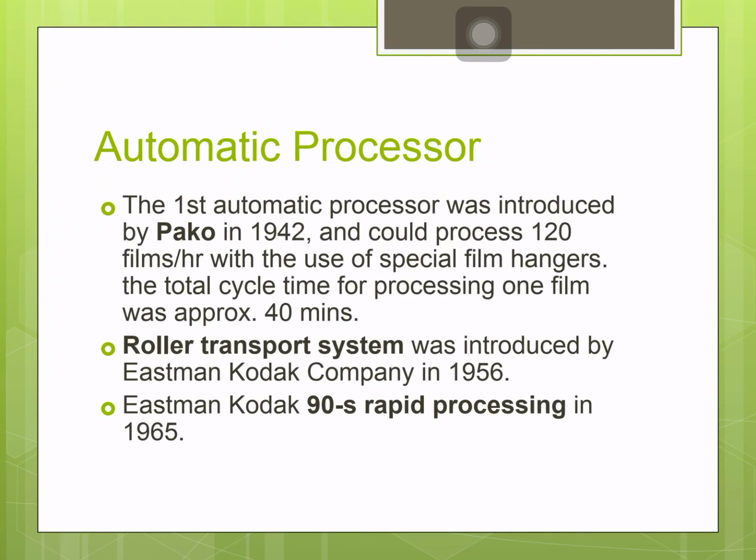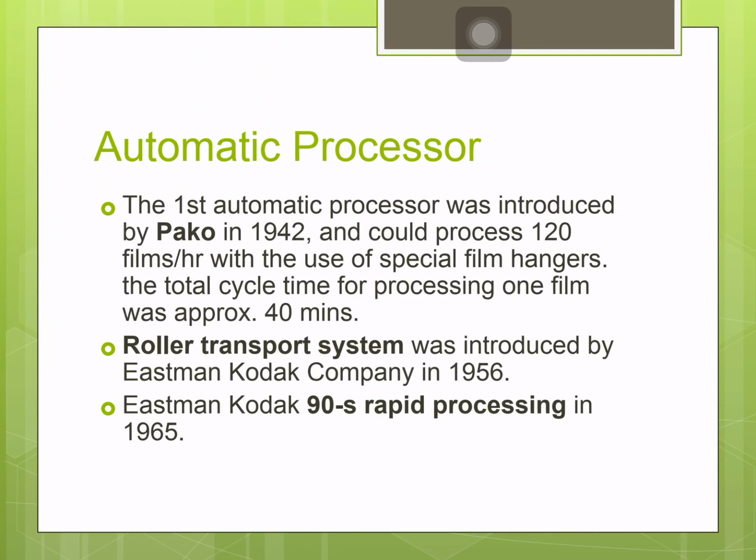So by 1956, the Eastman Kodak Company introduced the roller transport system. So dito kay 1956 na roller transport system, there is no use of special film hangers kasi meron na tayong roller transport system. This roller transport system helps our film to pass through the different chemical tanks.